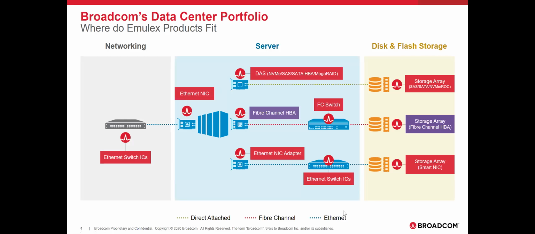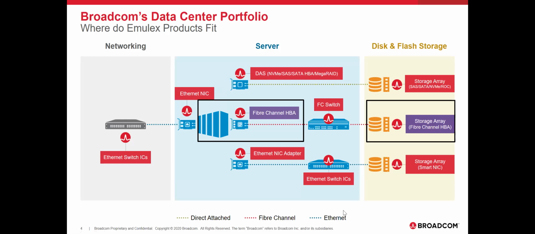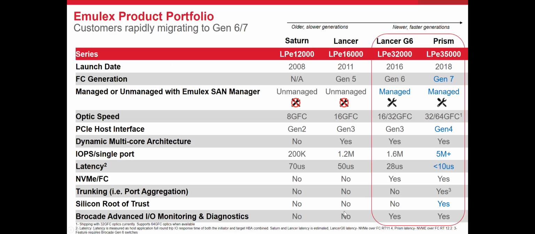This is just a quick view of some of the product lines that we have at Broadcom. And then specifically, this is where Emulex is inside of the Broadcom portfolio. From the standpoint of our products, as I mentioned, we are exclusively focused on fiber channel HBAs.